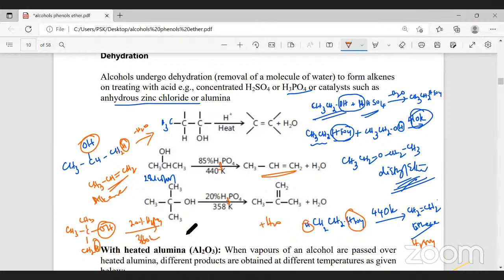What do you have now? I have CH3, single bond CH3, and a double bond CH2. It is also an alkene, right? This is a different representation I have given. I hope you followed this.